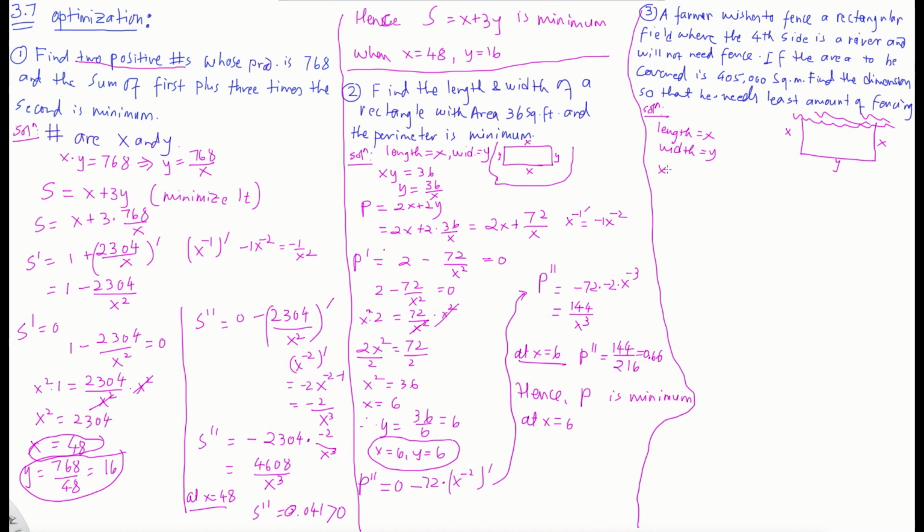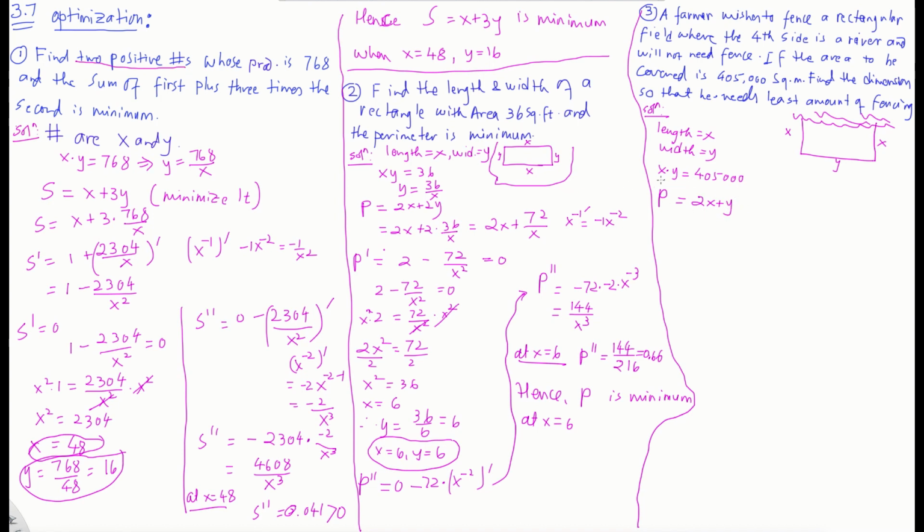That means x times y equals 405,000, and what he needs to minimize is the fencing, right? Let's say P equals 2x plus just y, because he doesn't need fencing on one side, and he wants to use the minimum of the fencing wire. Okay, that's what we want to minimize.